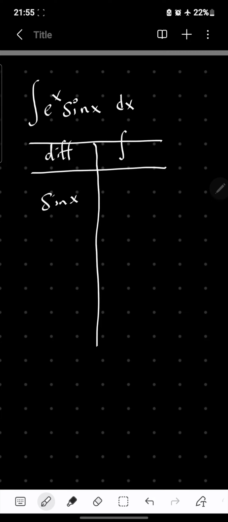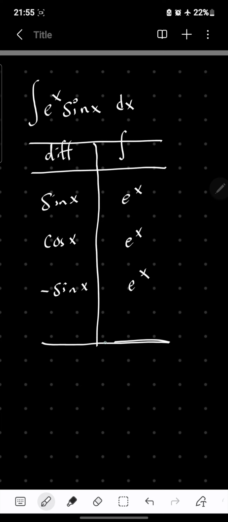Differentiation is easier in trigonometric functions than integration. Here e power x sine x, its differentiation is cosine, it's easy, and the integration is e power x. The differentiation of cosine is negative sine, and the integration of e power x is e power x. And we end the table here.